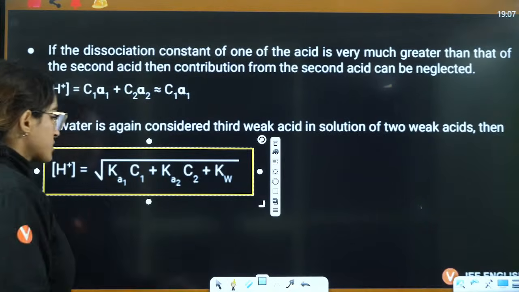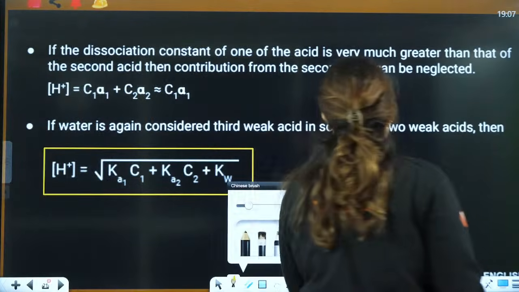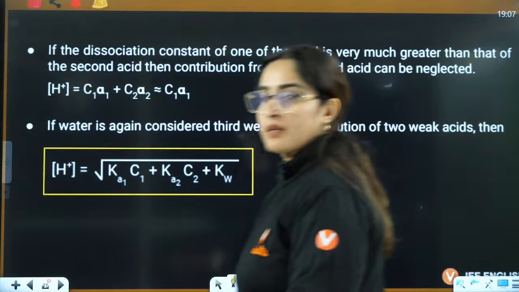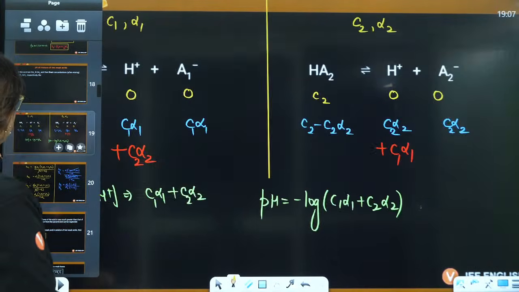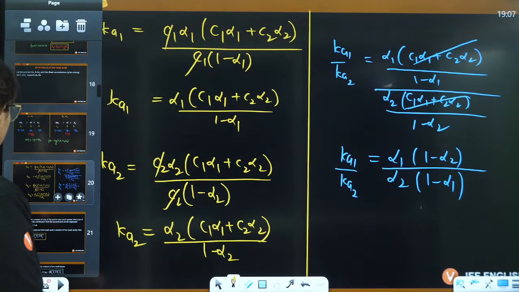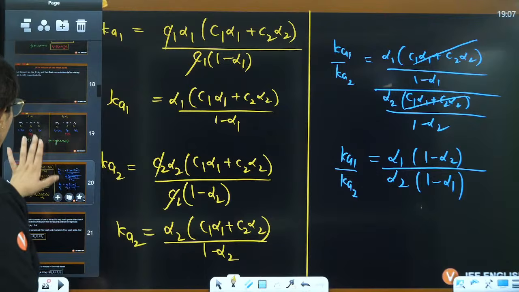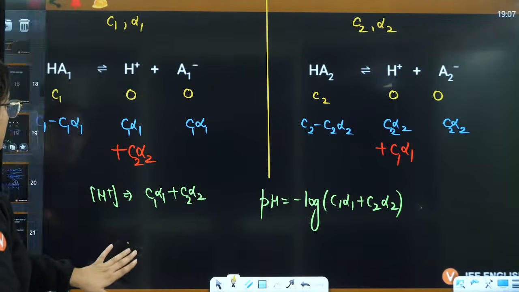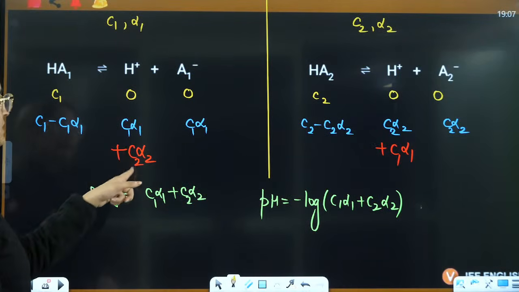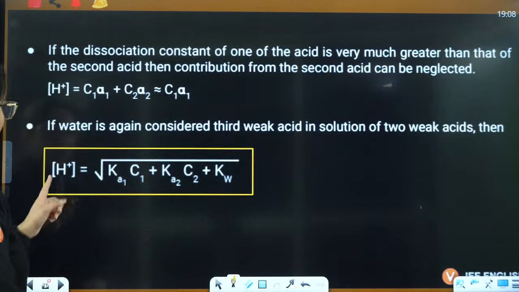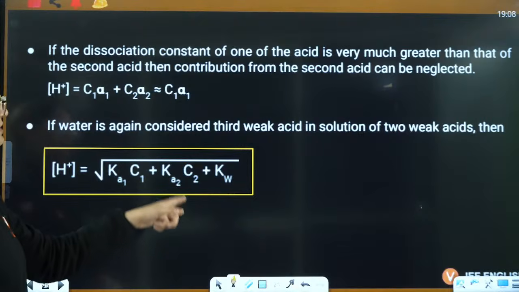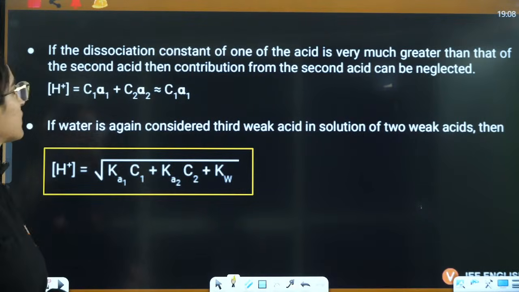If you see this, this is Ka1, this is Ka2. So the H positive concentration comes out to be C1 alpha 1 plus C2 alpha 2, which is equal to under root of Ka1 C1 plus under root of Ka2 C2.